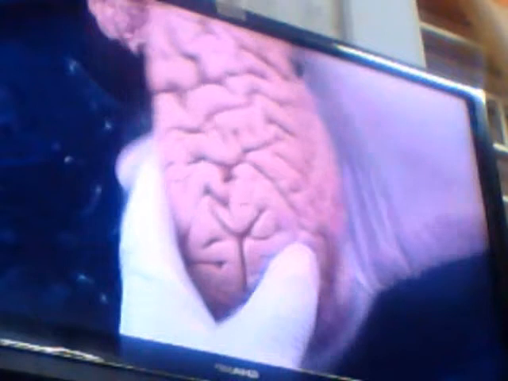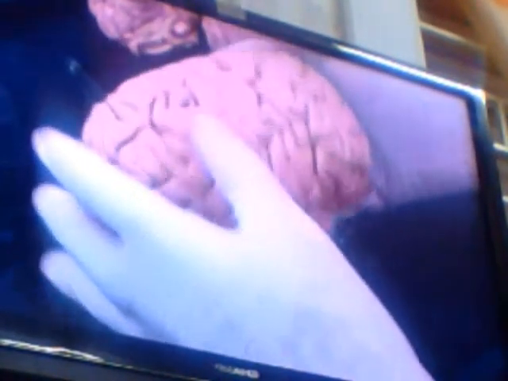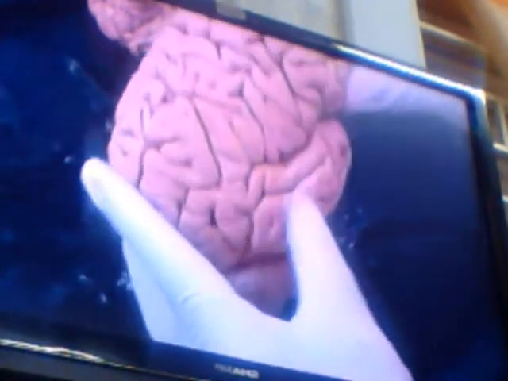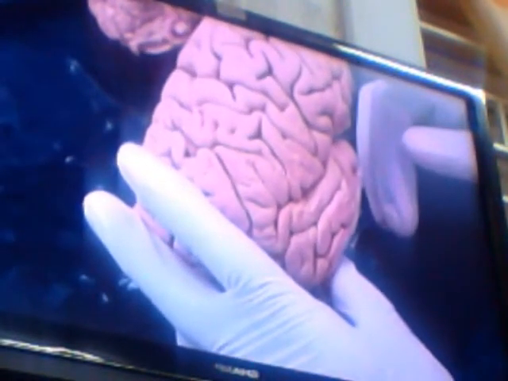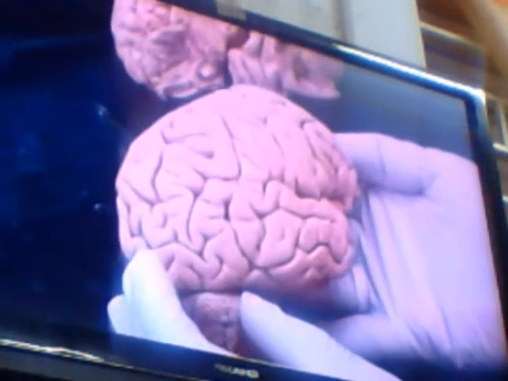Let us just look a little at some of these lobes. We do have a frontal lobe, frontal at the front, and the end of the frontal lobe is referred to as the frontal pole. So we have a frontal pole, and we have an occipital pole.